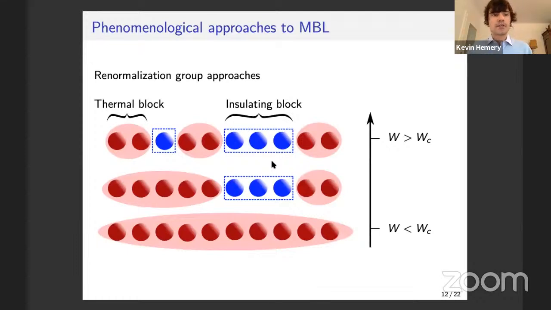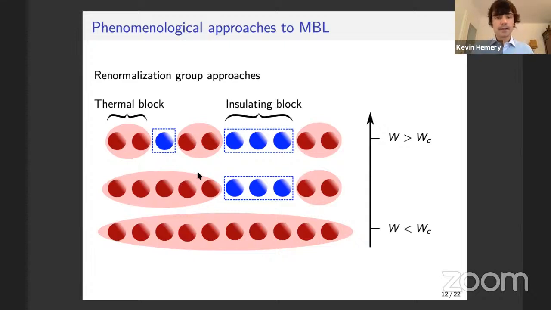Okay, so just as a motivation, what prompted us to start this project is that recently there have emerged promising phenomenological approaches to this phase transition between MBL and ergodic. There have been renormalization group approaches to try to understand what happens. Here I'm trying to give a toy picture of what people are doing in these RG approaches.